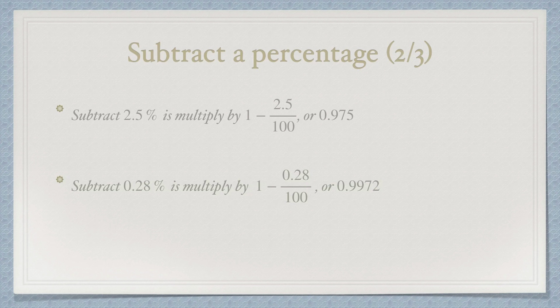Subtract 0.28% is multiplied by 1 minus 0.28 over 100 or 0.9972. And subtract 45.6% is multiplied by 1 minus 45.6 over 100 or 0.544.